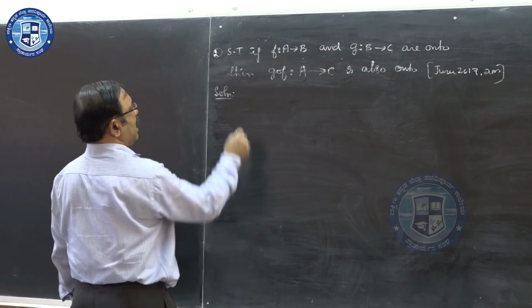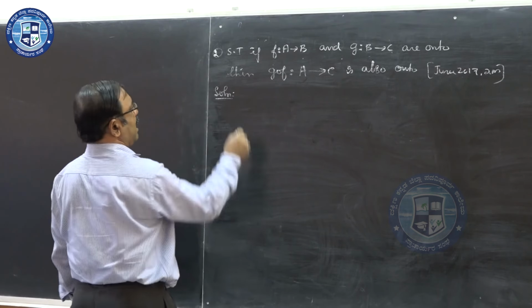So understand this, that is A, B, C, f, this is g, here x, y. So for y belonging to B there exists x belonging to A such that f of x is equal to y. That is the meaning of onto.